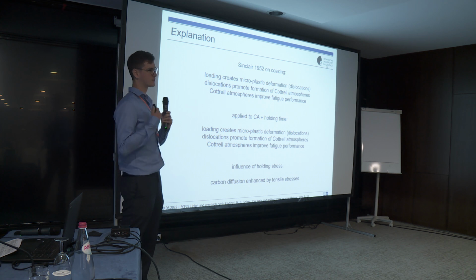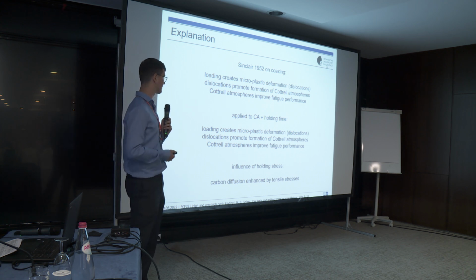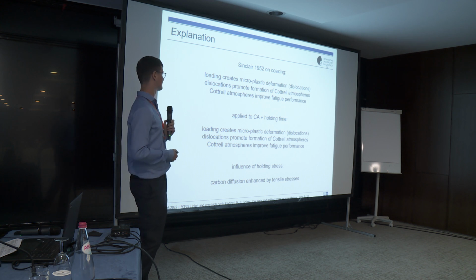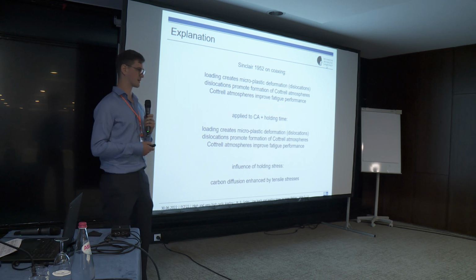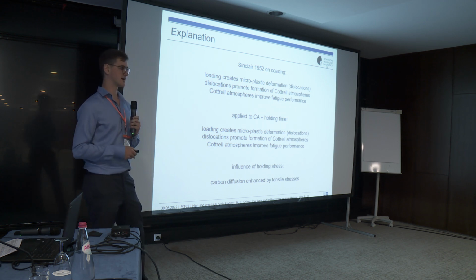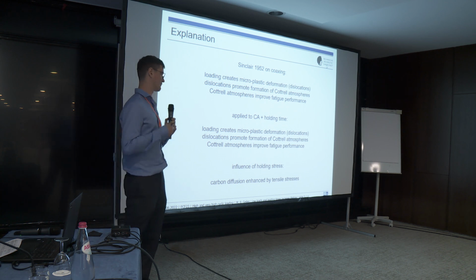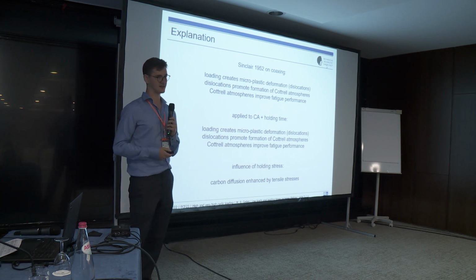Now we were, of course, looking for an explanation for this behavior, and we looked to Sinclair's theory that he published in 1952 on coaxing. Coaxing is when you start a fatigue test on a specimen well below the so-called fatigue limit, and you run, for example, 10^7 cycles, and then you introduce an increasing load step until at one of the load steps the specimen fails.